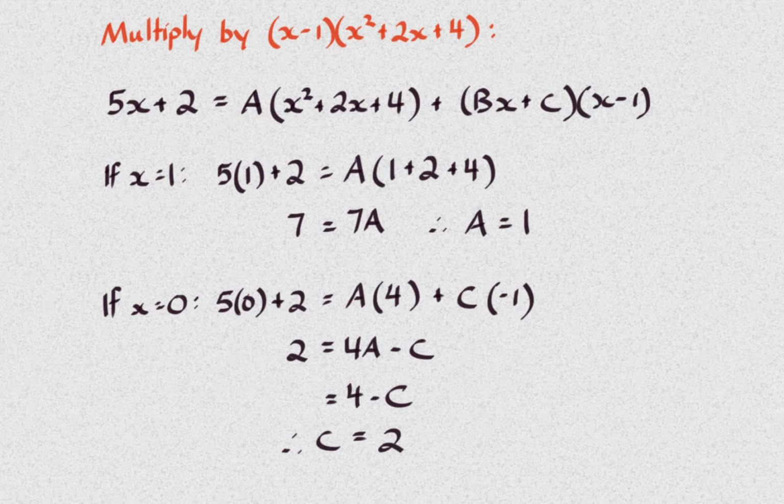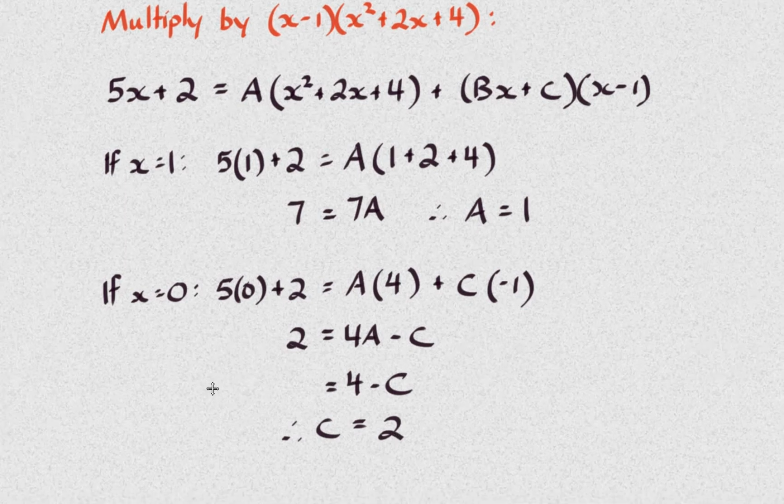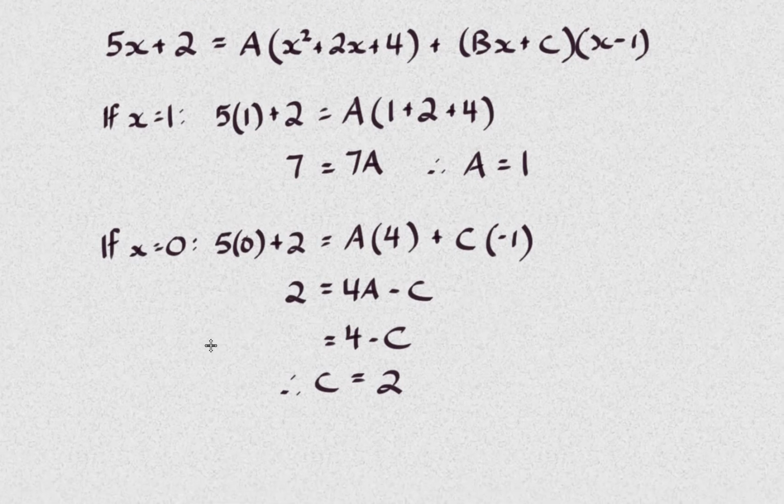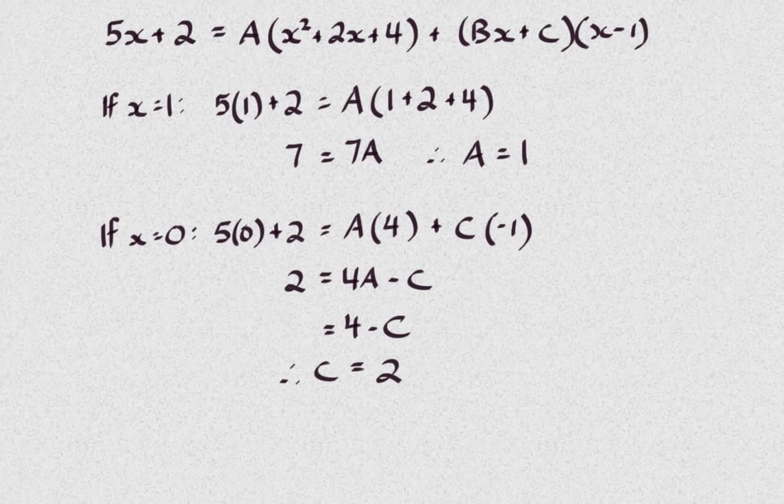And now we're in a similar position to what we've been in previously, where since we know 2 of the unknowns, we can choose any x value now to sub in along with the values of a and c, and we will find b. Now we can't use 0 or 1 because we've already used them, so minus 1 is a nice simple value to use.